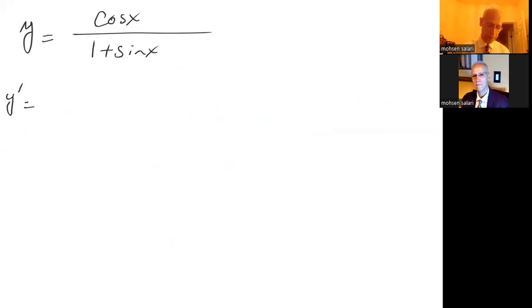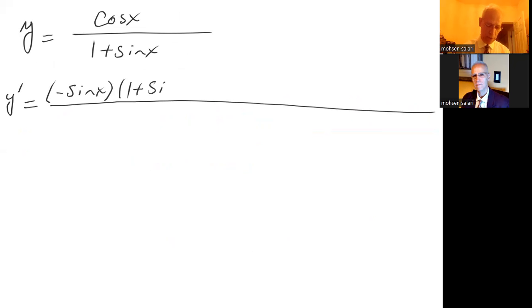Suppose y equals cosine of x over 1 plus sine of x. So y prime equals derivative of top, which is minus sine of x, times 1 plus sine of x, minus the top untouched times the derivative of the denominator. Derivative of 1 is 0.